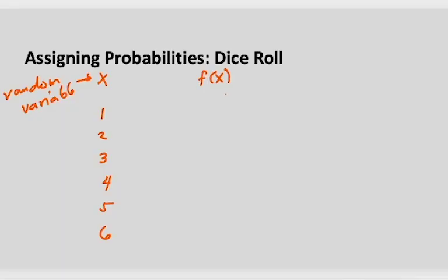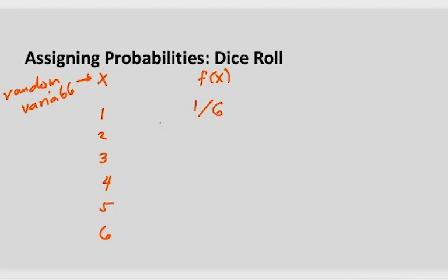What is the probability that the number 1 will show after we roll a die? That is 1 over the total number of possibilities, which is 6.